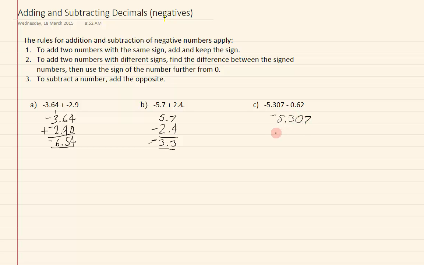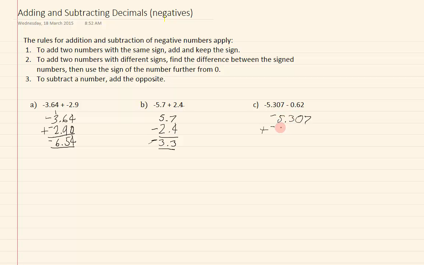Okay, and we're going to add the opposite, so 0.62. So we're subtracting 0.62, which is actually a positive. So what we're doing, in effect, is we're adding a negative number. Okay, so when you subtract a number, it's the same as adding a negative.